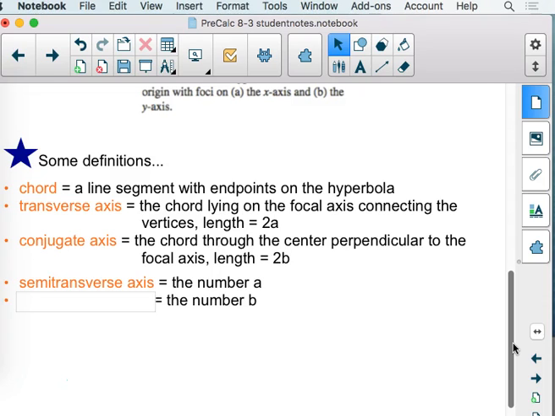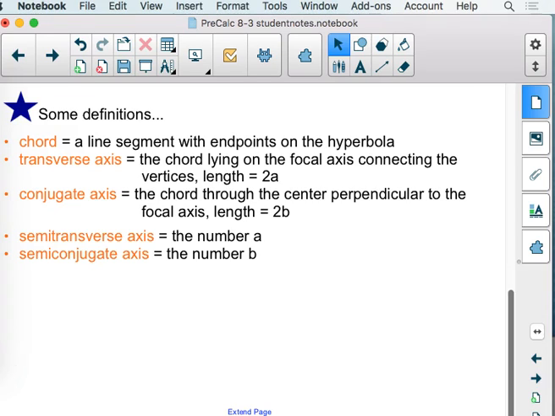We want to think of it as vertices. And then the number b is the semi-conjugate axis. With the ellipses, they call these the semi-major and the semi-minor, and we have some different language here as we're dealing with a and b. Like I said, when we're going through it, just think of it as vertices and covertices, and you won't have very much difference from what we did with the ellipses. You really won't until we do the actual graphic. Then things get really super cool.